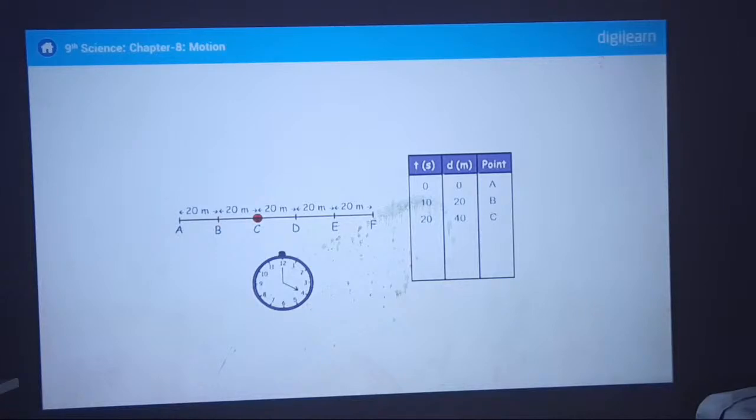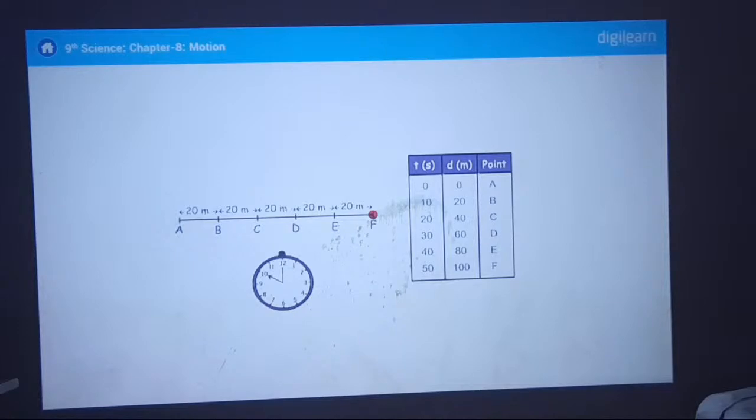Displacement 40 meters. Point reached C. Time 30 seconds. Displacement 60 meter. Point reached D. Time 40 seconds. Displacement 80 meter. Point reached E. Time 50 seconds. Displacement 100 meter. Point reached F.